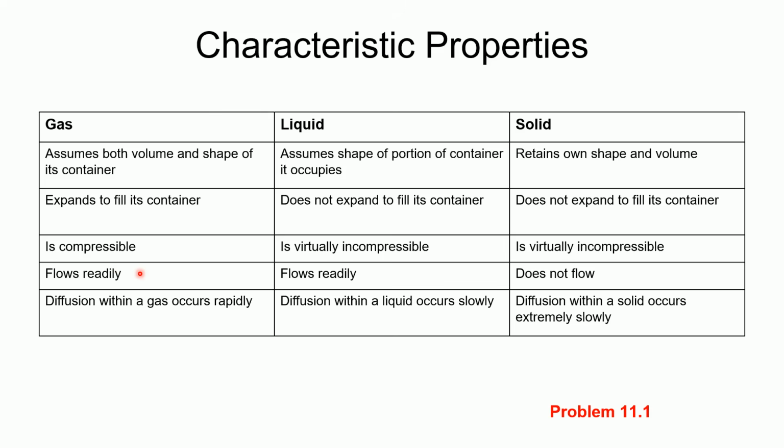As far as flow, gases will flow, liquids will flow, solids do not flow. And then finally, within a gas we can get very quick diffusion. With liquids, we get slower diffusion, but definitely it does occur. And with solids, diffusion is so slow as to be ridiculously slow.